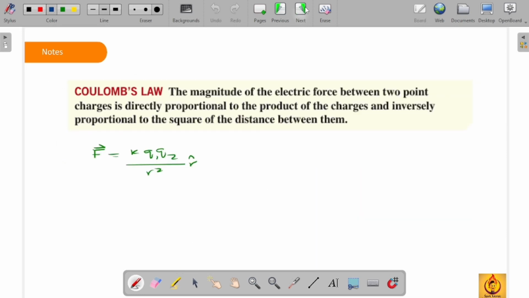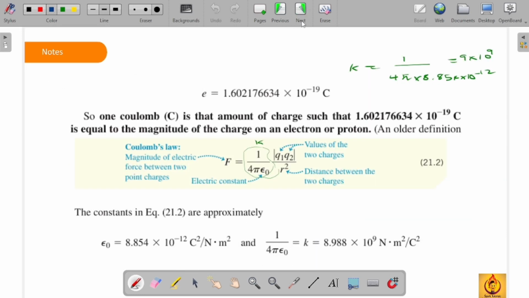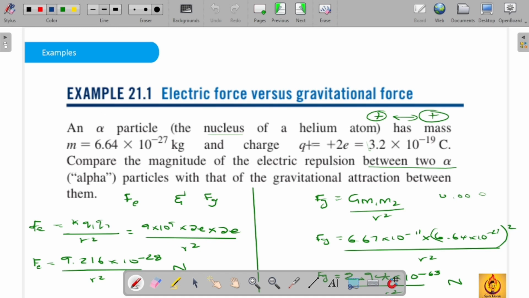As our first example, we did this problem between two alpha particles. Those charges are the same, they are both positive, and when they are both positive they repel. That force of repulsion between them, we calculate it using Coulomb's law, and this is the electric force that we found.